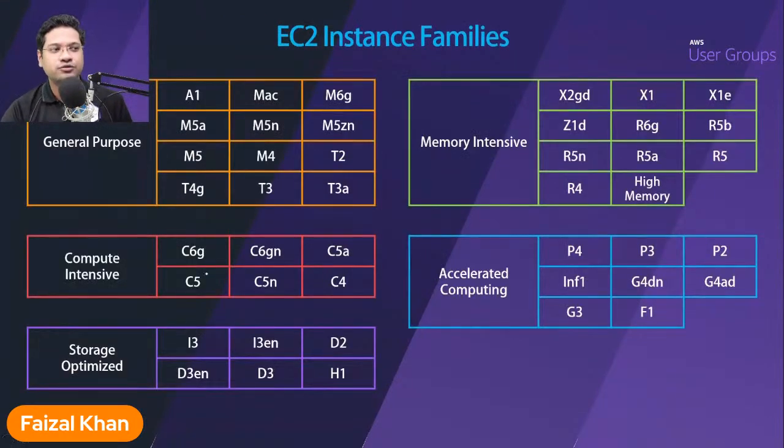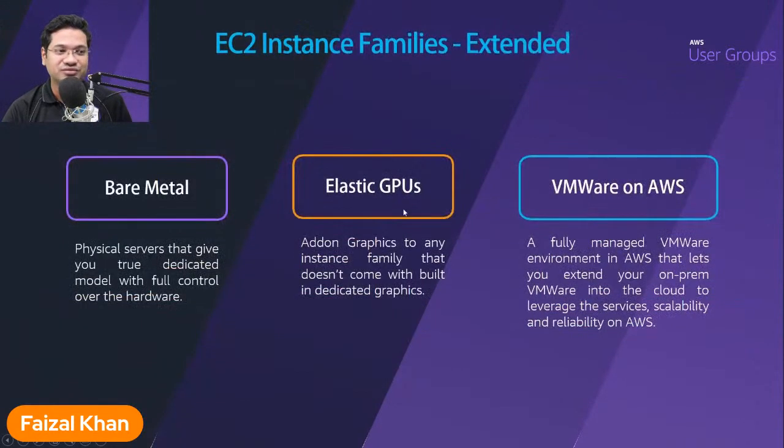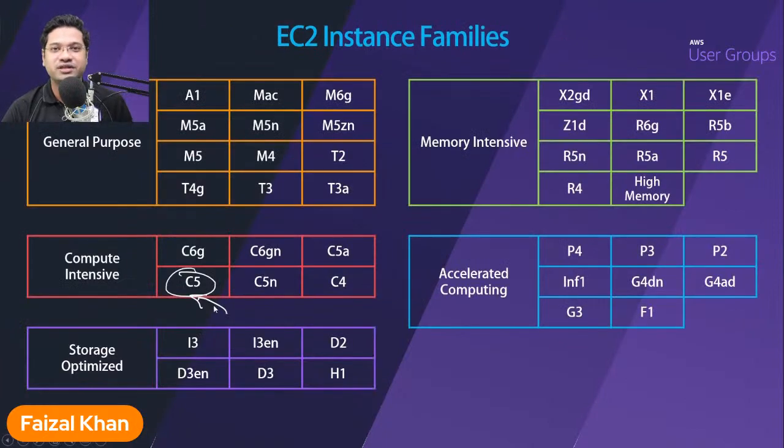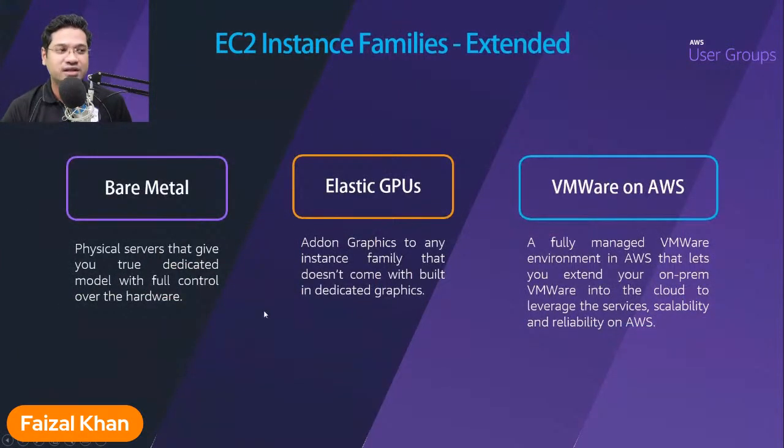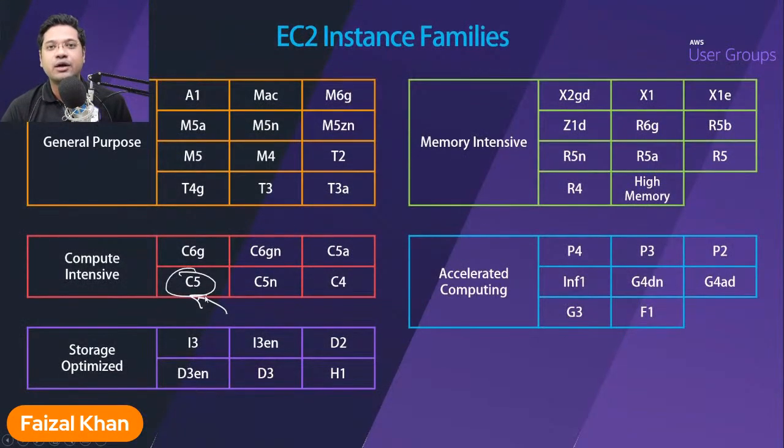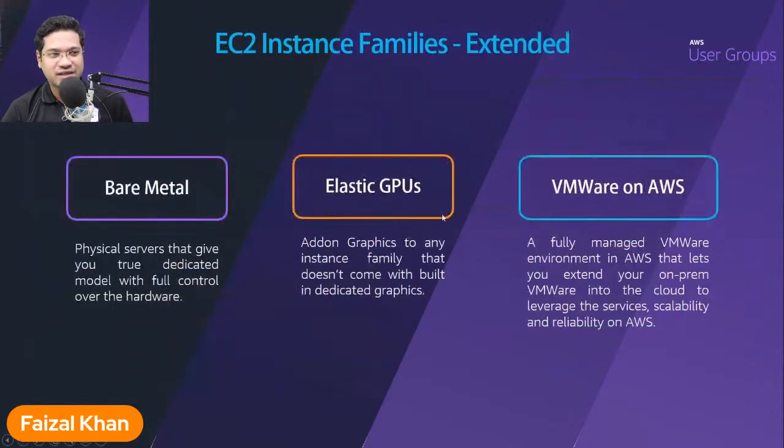This will allow you to take a C5 instance, which does not have a graphics card by default, and connect an elastic GPU onto this C5 instance. You might only need a 1 GB graphics card, so you can assign this instance 1 GB of graphics, so that you don't have to pay too much for a system that comes with graphics by default. So that's what elastic GPUs are.